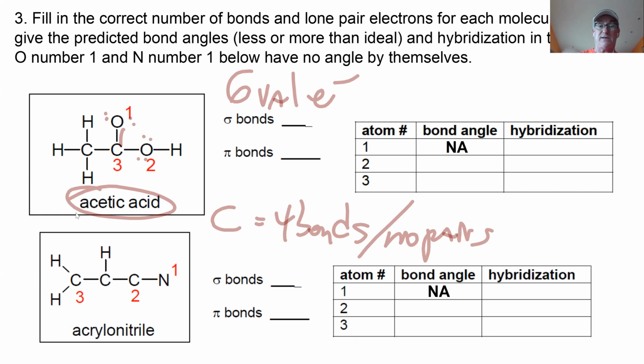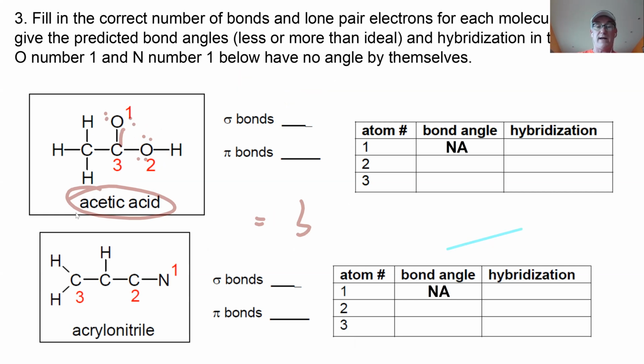So let's answer some of these questions. Atom number 1 is oxygen. It's our oxygen 1. It doesn't have any bond angle because it's just bound to 1 atom, so there's no bond angle there. So what's the hybridization on our oxygen 1?